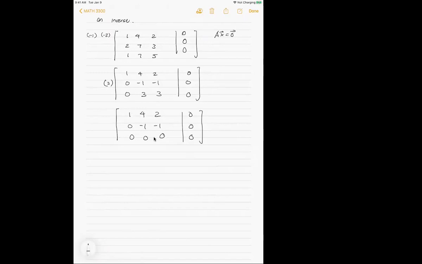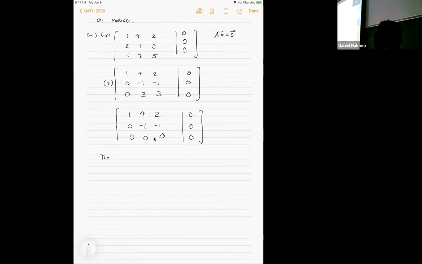So there are 3 variables, namely x3 equals t. So there are infinitely many solutions to AX equals 0. So it doesn't have just the trivial solution.